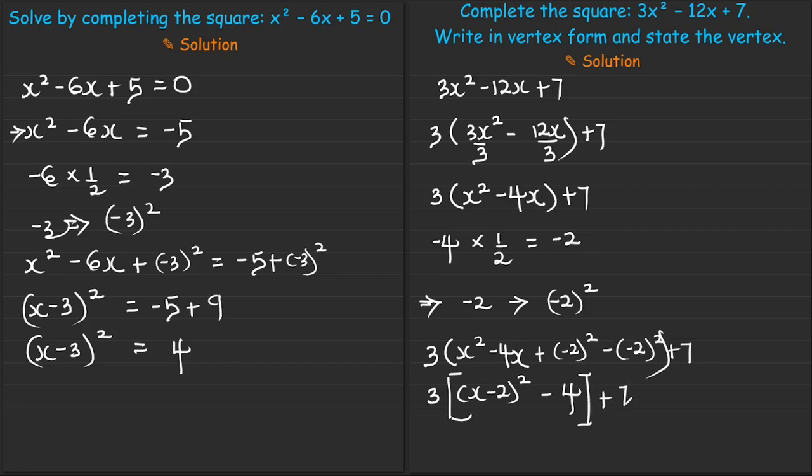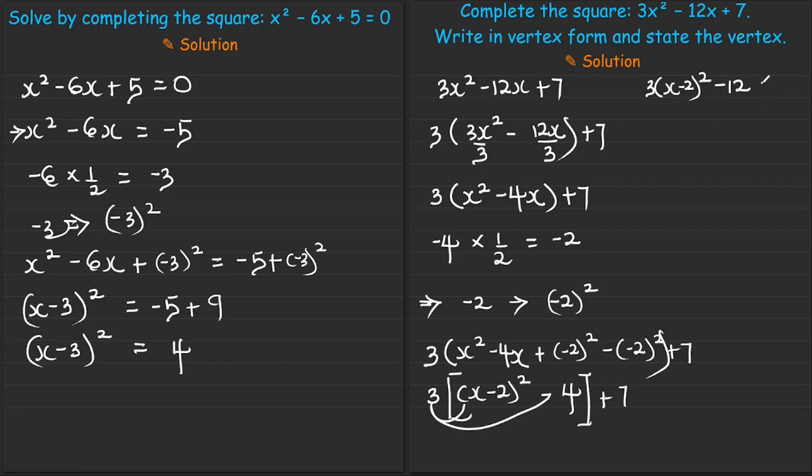Then plus 7. We now want to distribute the 3 across what we have in the bracket. So 3 times this bracket gives us 3 into bracket x minus 2 all squared. Then 3 times negative 4 gives us a negative 12.